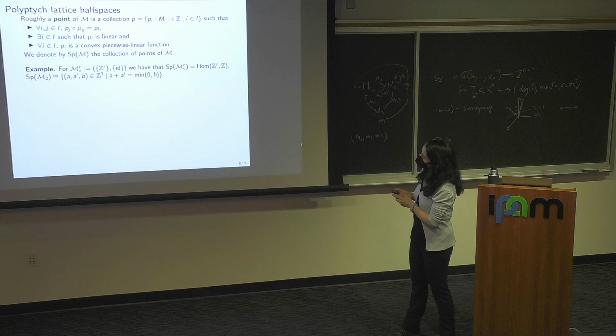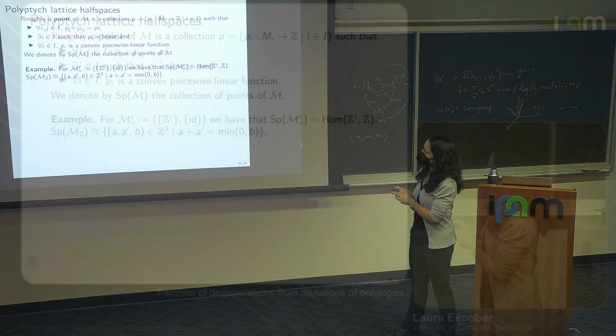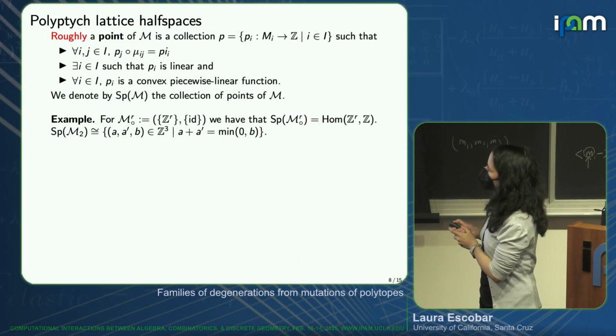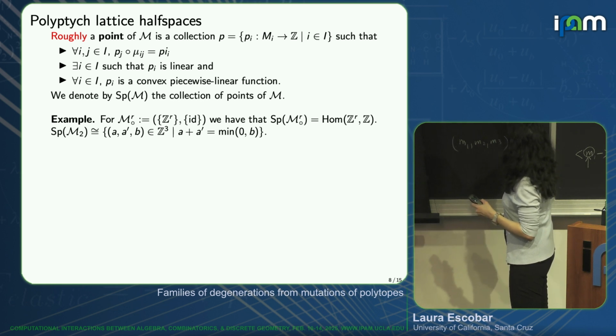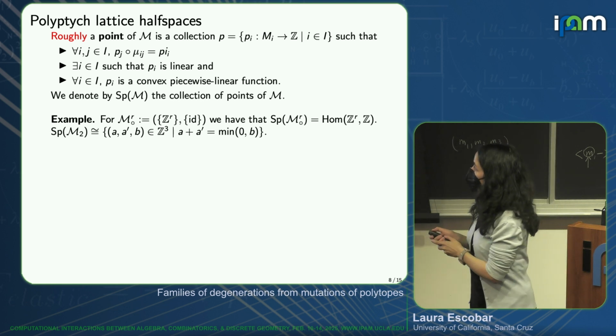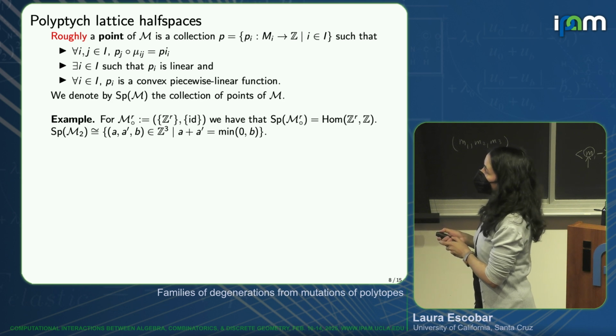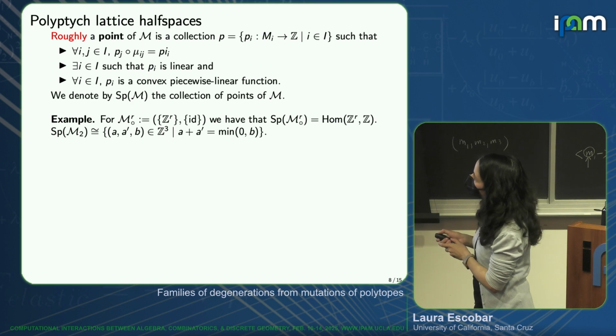So this part is very natural. I want to be able to define functions, and a function is going to be a collection of functions from each of these lattices to Z. And one thing that is very natural is that if you compose it with the, oops, I have a typo there.